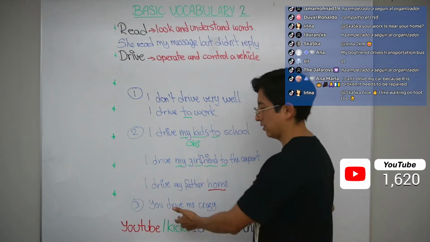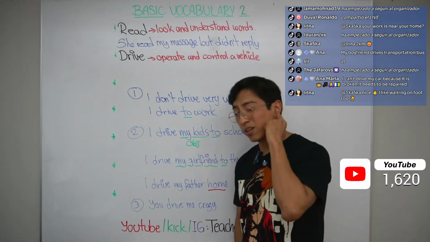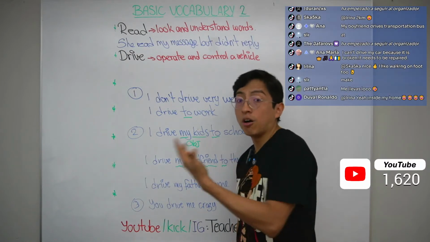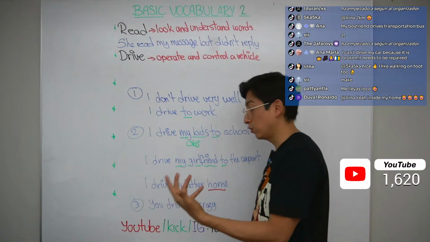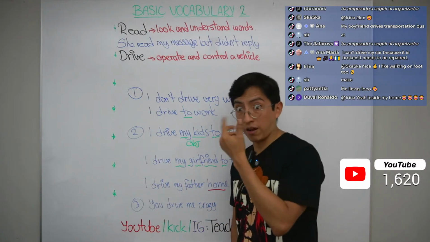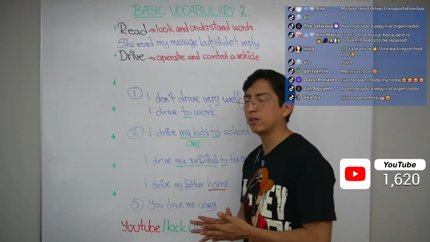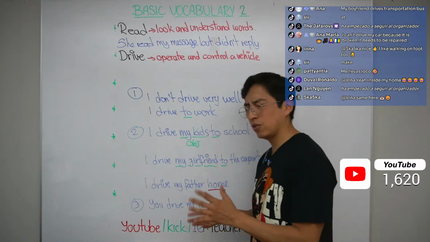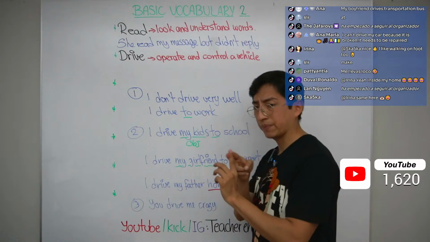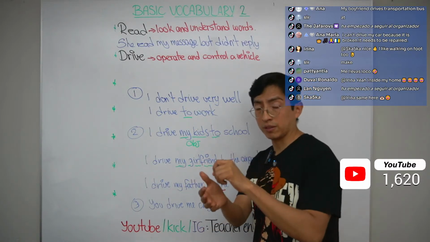You drive me crazy because you do something very annoying. Or the other possibility is because you love someone. Maybe you can say, your eyes drive me crazy. Your body drives me crazy. So it's a compliment. So you can use this phrase in both ways. Copy this and write your own sentences, please.